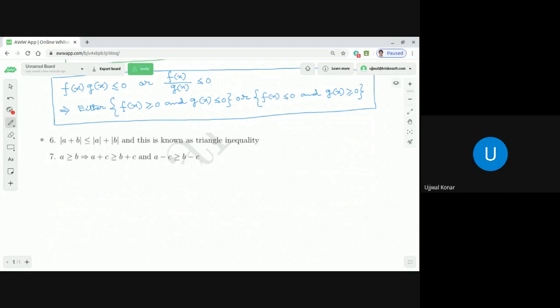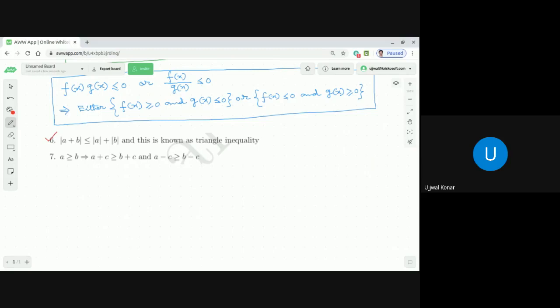Now next point. There is nothing special here, so that you can establish this thing. The seventh property is also very straightforward. If a is greater than equal to b, then a plus c is greater than equal to b plus c. That means if you add a fixed quantity to both sides, the inequality remains same.